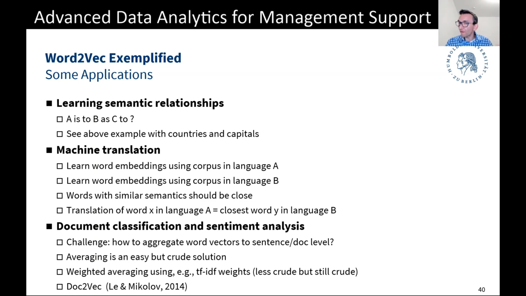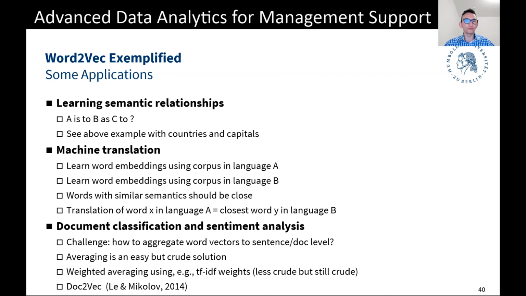And for instance, you could use the English Wikipedia and the German Wikipedia as your corpora to train these embeddings, and you could in both cases pick the same dimensionality for the hidden layer, for the embedding layer, say 300. And then when you translate from English to German or vice versa, well, words with a similar meaning, they should be close to one another.